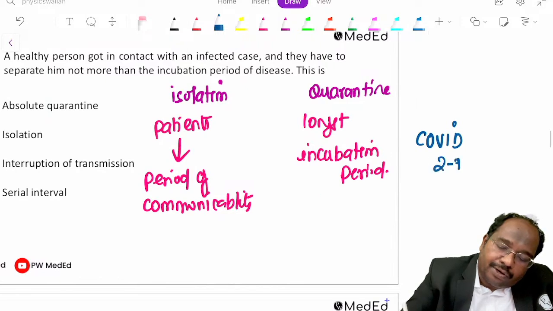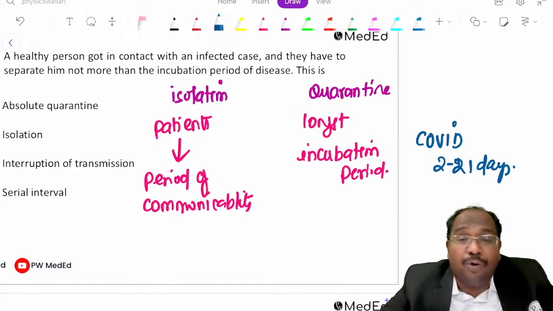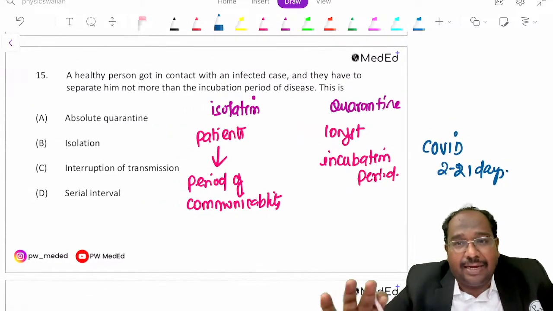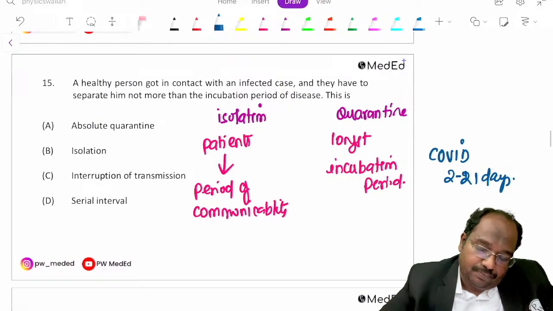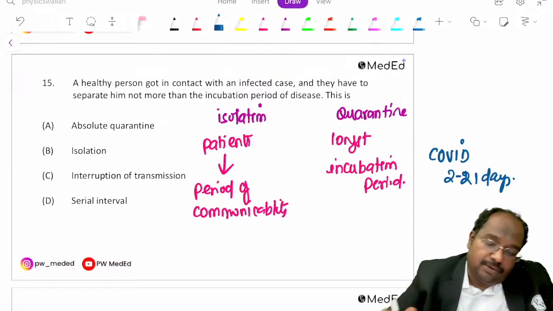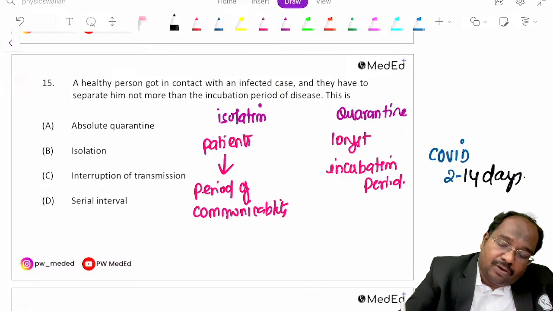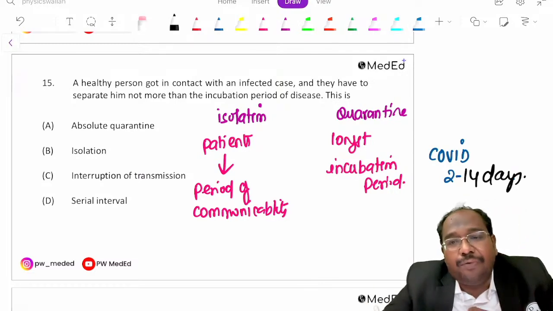So 2 to 21 days. So if you want to do quarantine, you have to do it for 21 days. Okay, fine, that is ideal. Sorry, 2 to 14 days. So quarantine, 14 days, ideally, fine.